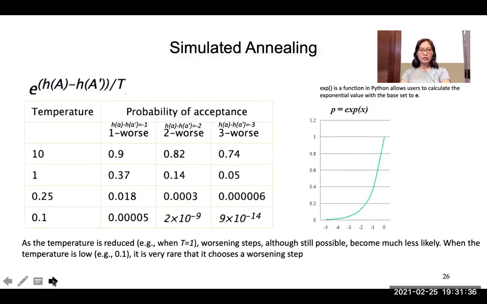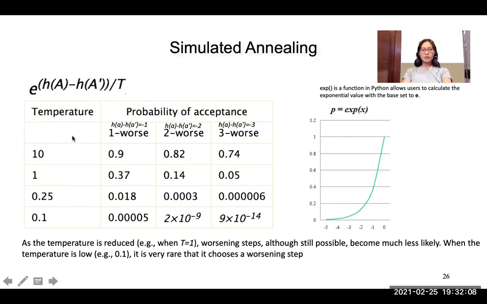So this is what simulated annealing does. The probability equals the exponential function, with base e to the power of h(a') minus h(a), where a is the current node, a' is the neighbor, and h is the function, divided by T, the temperature.